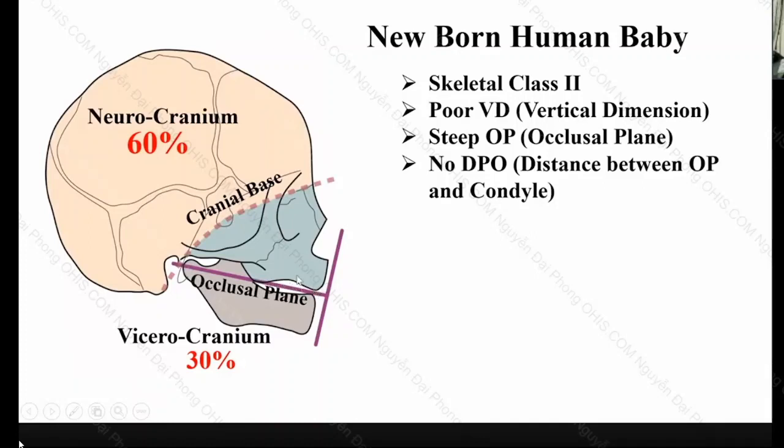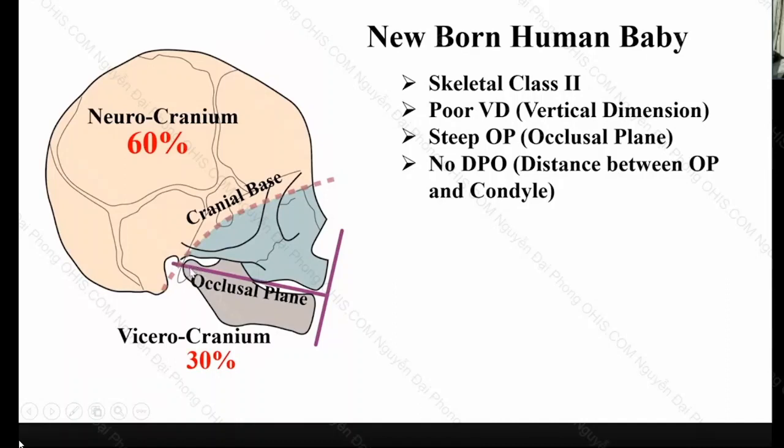This occlusal plane goes through the condyle. Therefore, the vertical dimension is almost 0. And this occlusal plane has a very steep inclination, and no DPO. The DPO is the distance between the occlusal plane and the condyle here. So this is also almost 0.